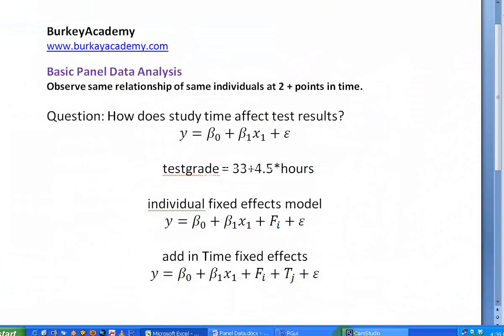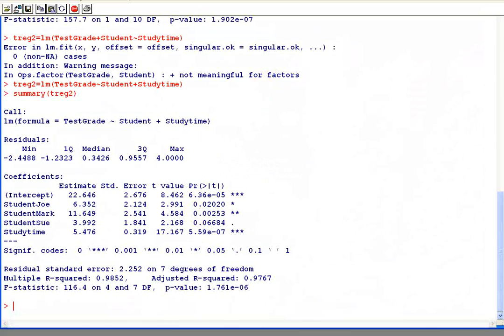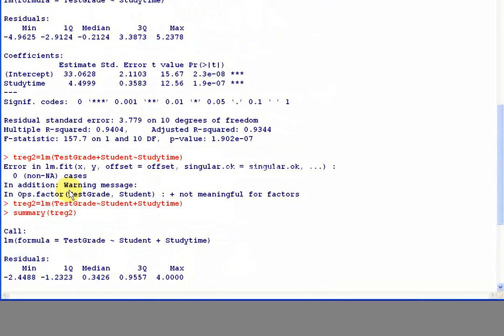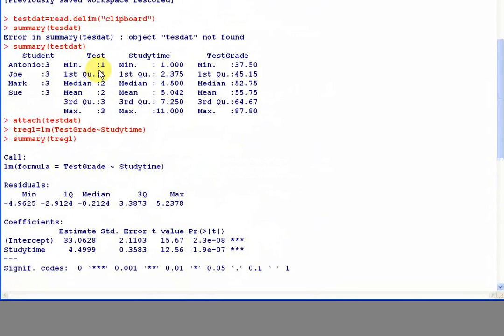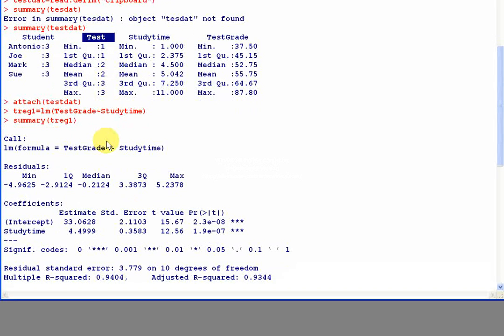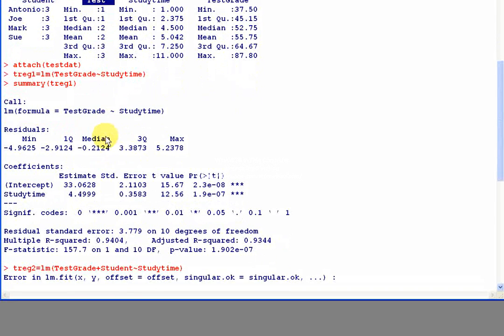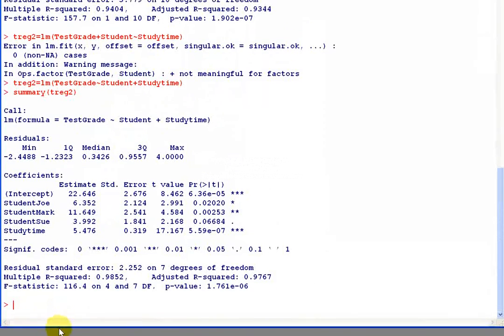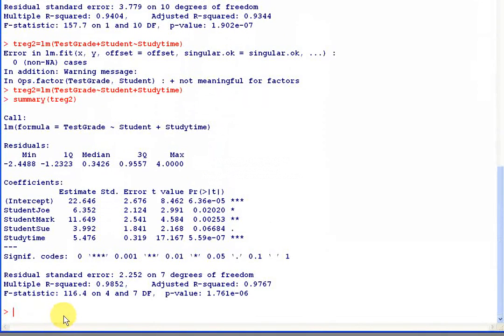In R, because, let's go back up to the description of the data, because these tests are the numbers 1, 2, and 3, you can't just put the variable test in there and have it create a dummy variable. It would treat it like it's a number, and that's not right to do in this case. So if you want to use test to create dummy variables, to see if there's a difference between how hard each test is, we need to create another variable like this.